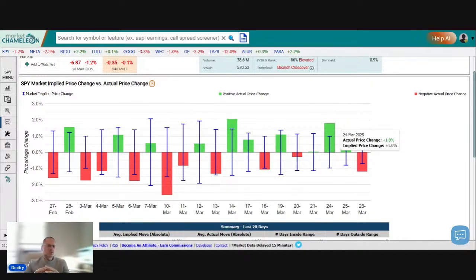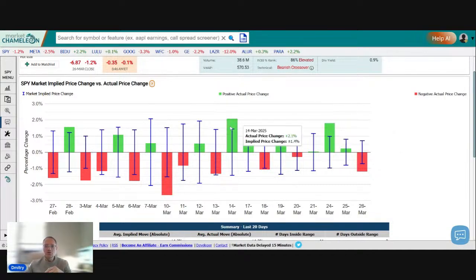So this lets us see that when the stock exceeded, it could have exceeded the move to the upside or downside. It broke in either direction. It's not like the volatility is always to the downside where it exceeds the straddle. We see it even to the upside.